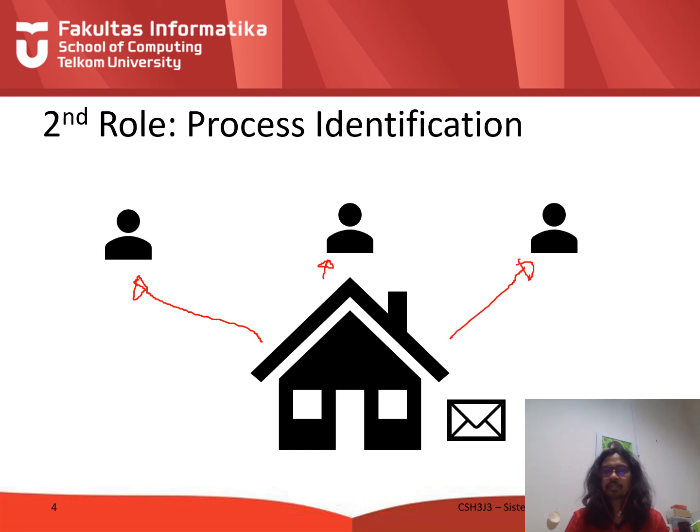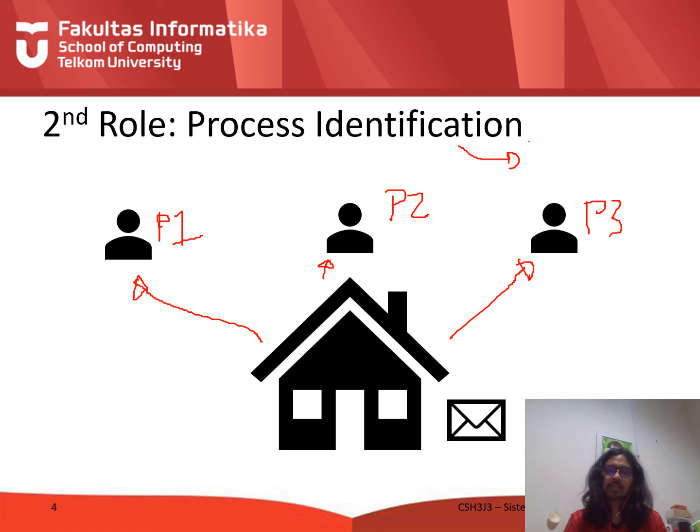The same goes for a computer. When a message is sent to a computer, it arrives, and then there are several possible recipient processes. It can be process 1, process 2, or process 3. So process identification is done to differentiate the process that will receive it.